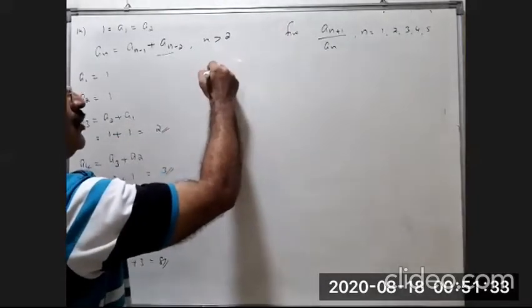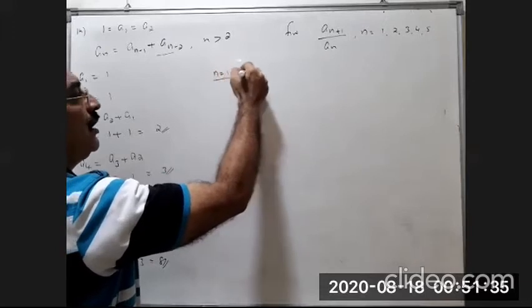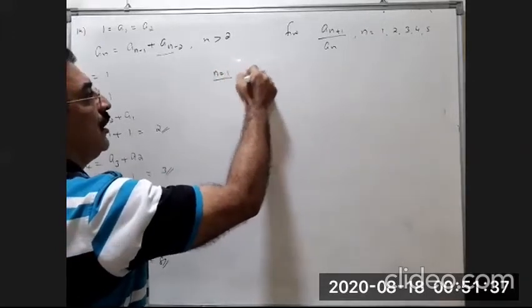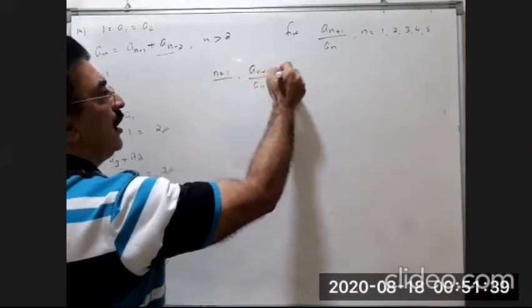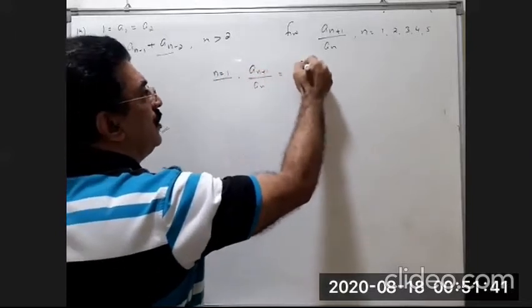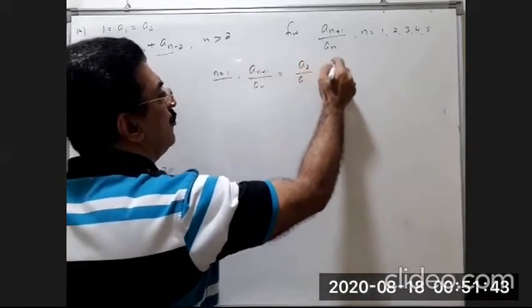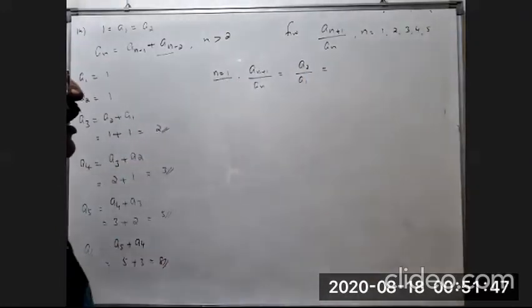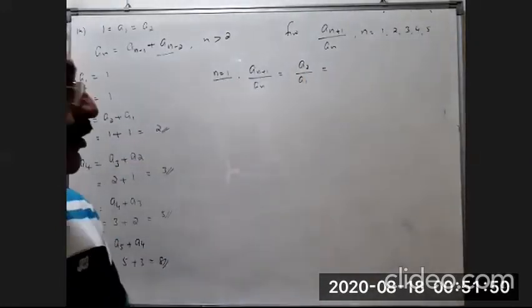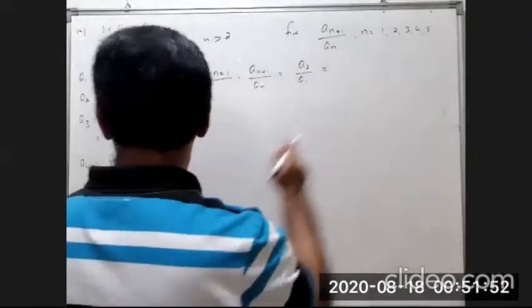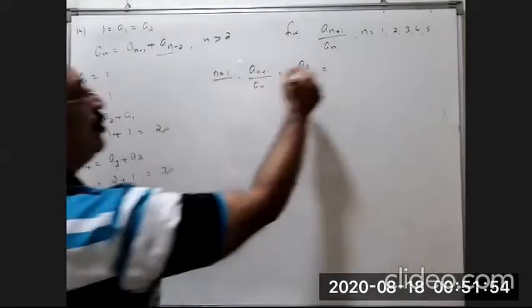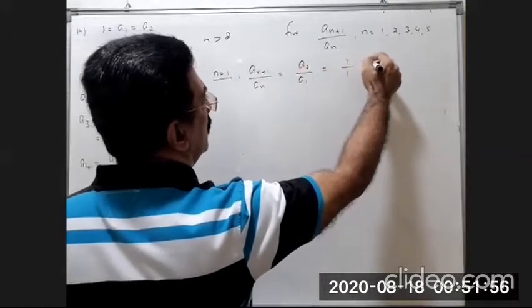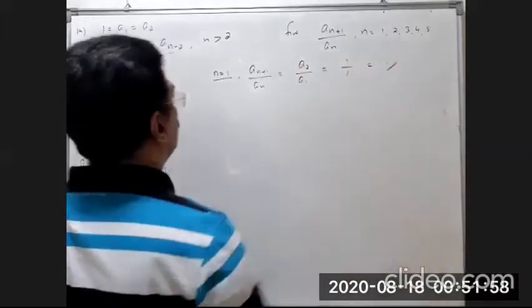So if n is 1, an plus 1 by an becomes a2 by a1. Is it? If n is 1, an plus 1 becomes a1 plus 1, a2 by a1. And what was a2? 1 by 1. That is 1.